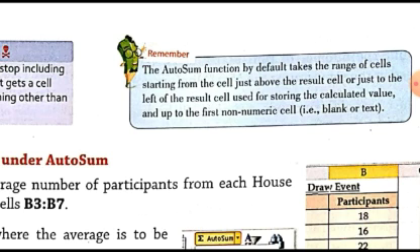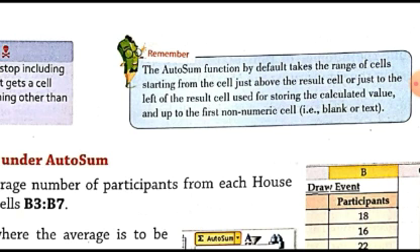It will either take the cells above the result cell. Above the result cell means what? The result cell is where we want to calculate and display the result of the sum. So either it will take the range of cells starting from the cell just above the result cell, or it will take the range of cells just to the left of the result cell, not to the right but to the left.